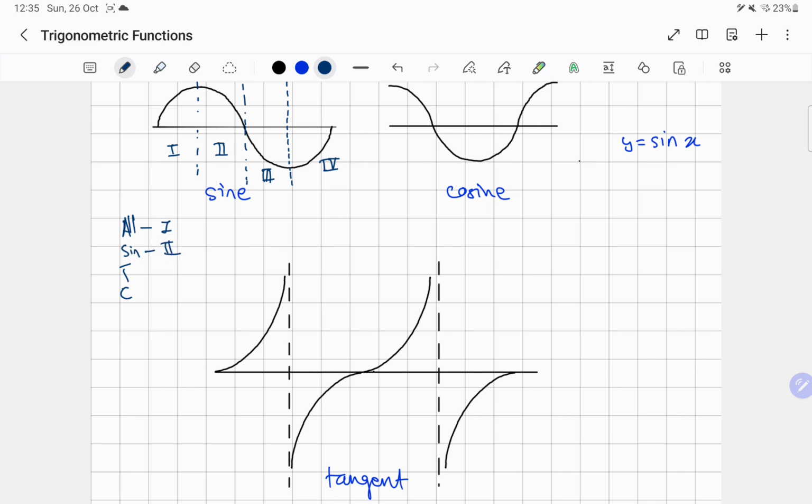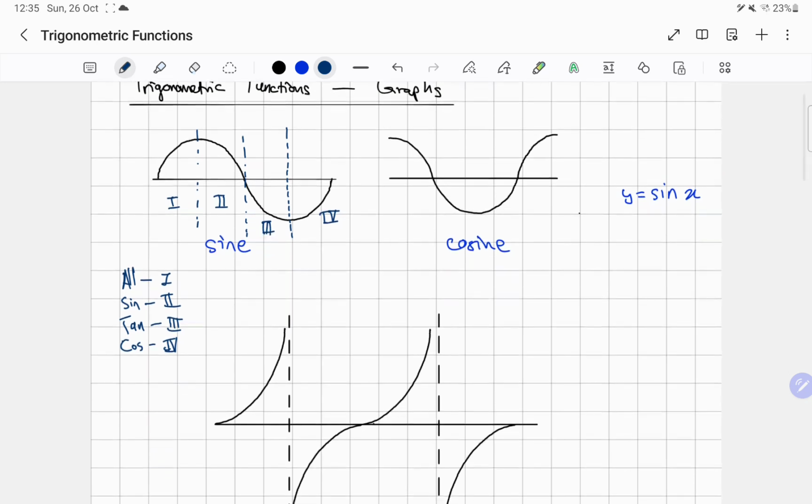In the second quadrant, only sine is positive. In the third quadrant, only tangent is positive, and in the fourth quadrant, only cosine is positive. So where is sine positive? Sine is positive in the first two quadrants. You can see that in the sine graph.